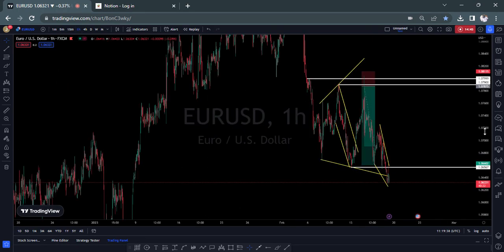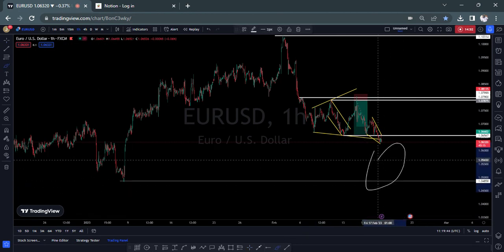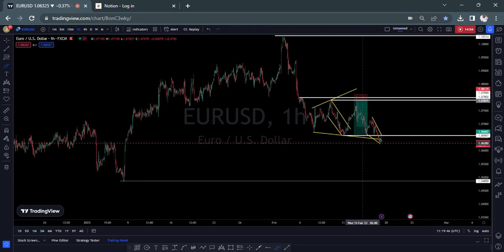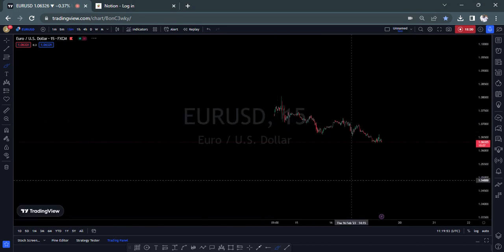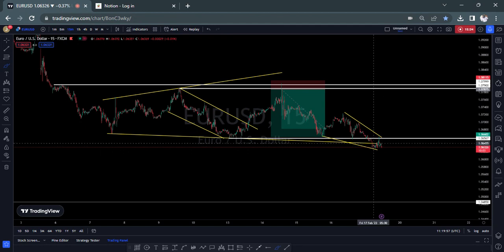Now there is something I'm actually noticing here. I feel it's still going to get to this downside, to this low here. But there is something that might happen. We have to look at the market the way it is presenting itself to us, not actually what we feel would happen.